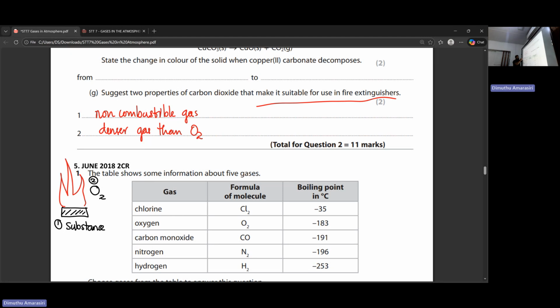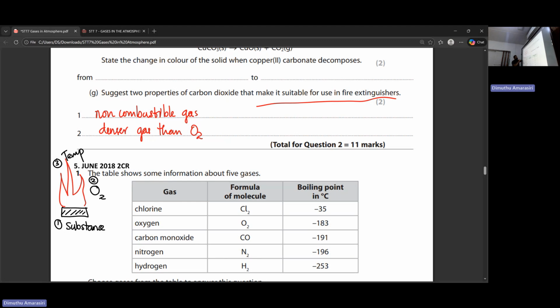And also high temperature. If you remove any of them, the fire will stop. That's the fire extinguishing technique. You cool it, the fire will reduce. You remove the substance, there is nothing to burn. You remove oxygen, the substance is there, but oxygen isn't. You use either one of them.